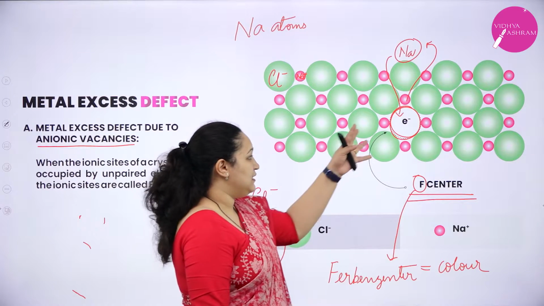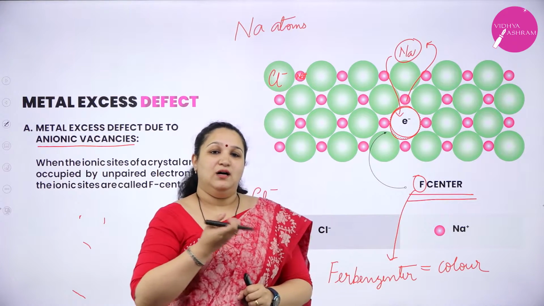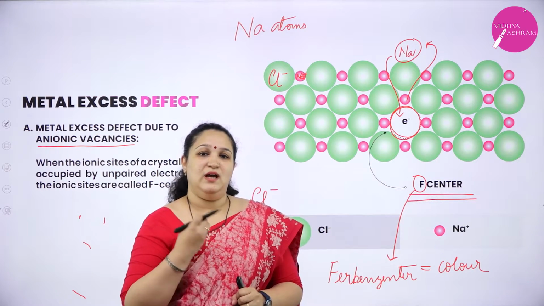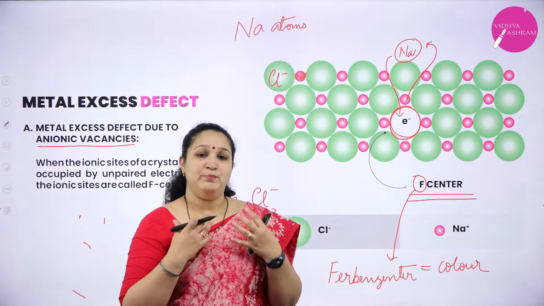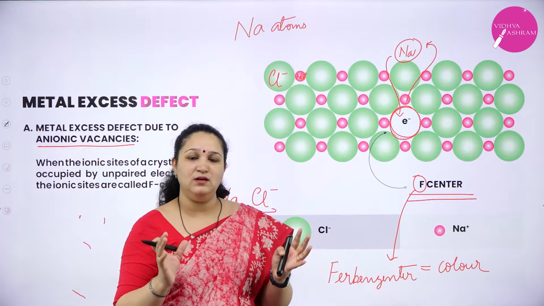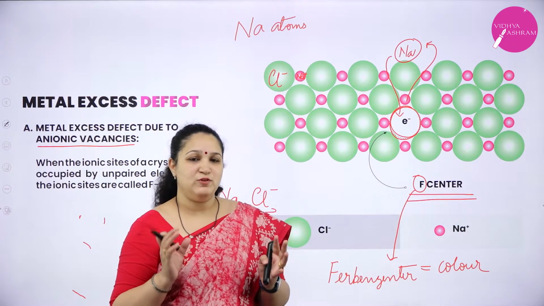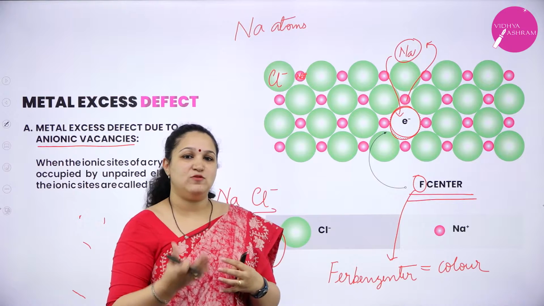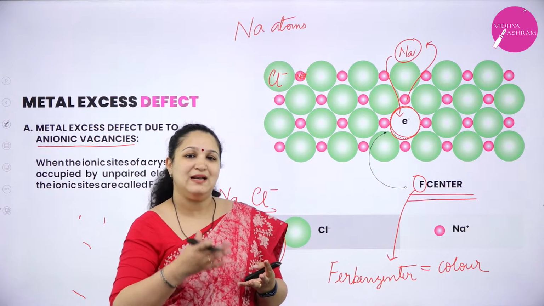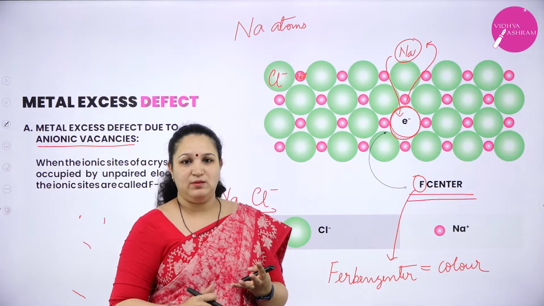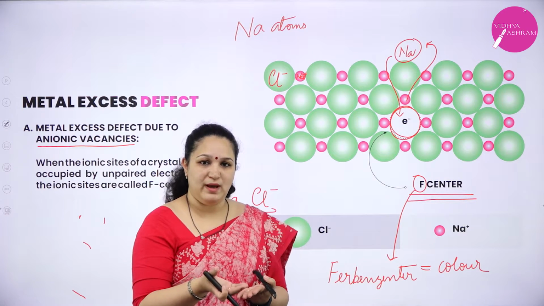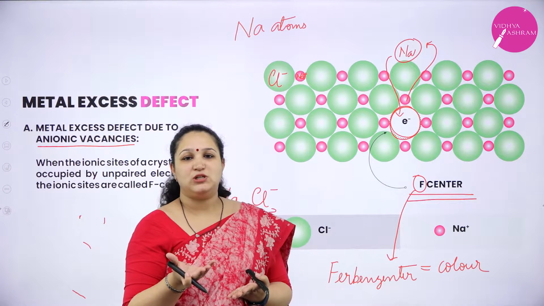What happens is this electron can absorb the radiations from the visible region, can get excited, because of which it will impart color to the crystal. For sodium chloride, if there is excess of sodium ions or the chloride ions are less in number, either way I can tell, then it will become yellowish color.